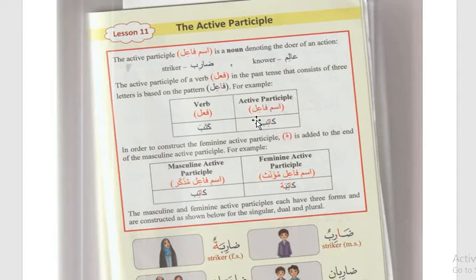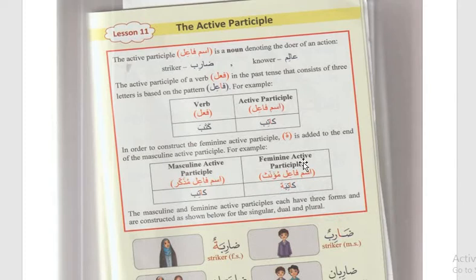So here, this is katib. As I said, it is active participle, but it's masculine. So how do I change it to feminine? I add ta marbuta here at the end. So instead of katib, which is masculine active participle, it becomes katibatun. See, this is the ta marbuta at the end.